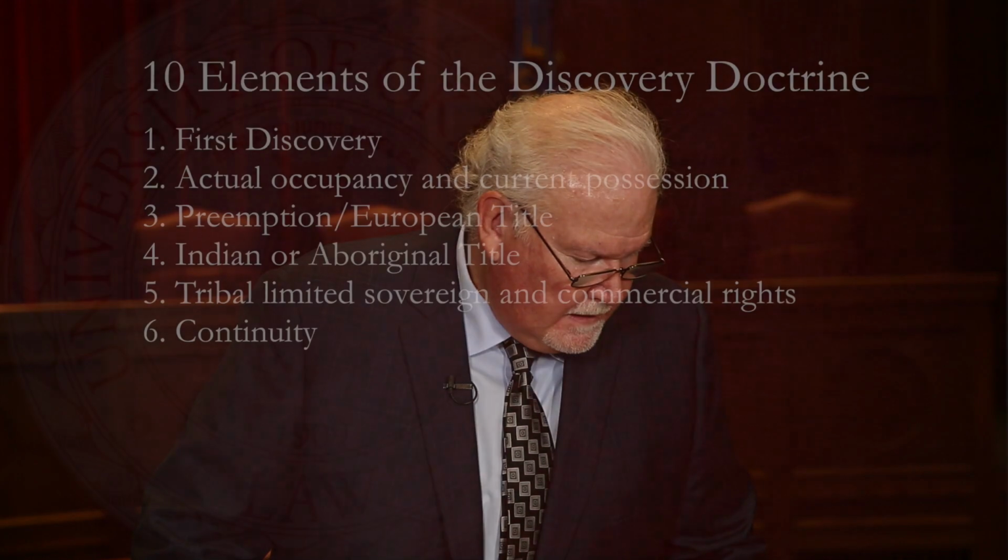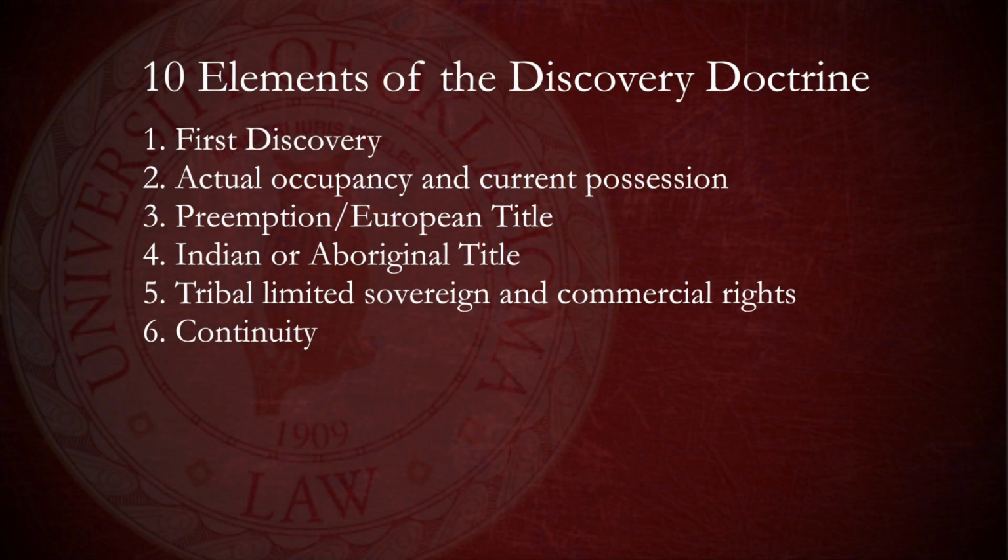Really what most of the discovering nations wanted in the beginning was the right to do commerce with Indian tribes, and then the purchase of their land, because resources were scarce in Europe at the time the discovery was going on. Continuity of land, that's based upon the watershed basin.